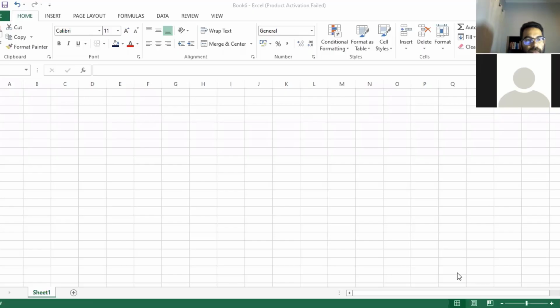Okay, so here we go, guys. You should be able to see Excel. So what they're asking us to do is to prepare the statement of comprehensive income. So remember, when you prepare financial statements, there's three things: company name, statement name, and then date.